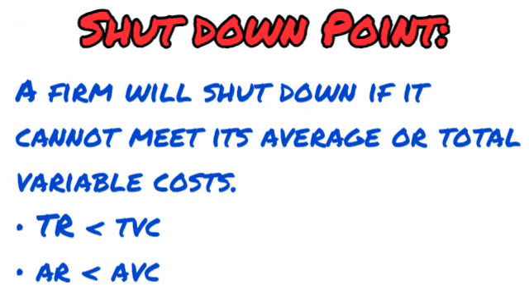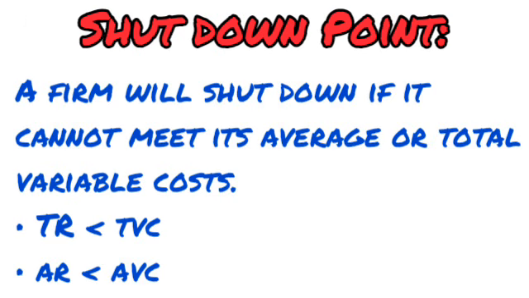But it is possible that things can get so bad that they reach a point of shutdown. So let's look at where the shutdown point is. A firm will shut down if it cannot meet its average or total variable cost.